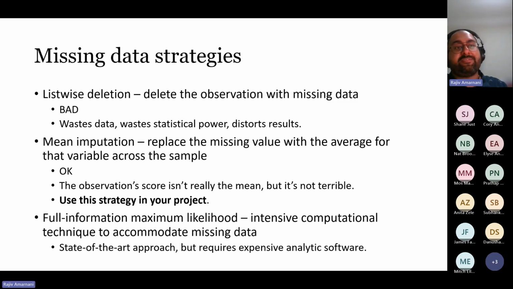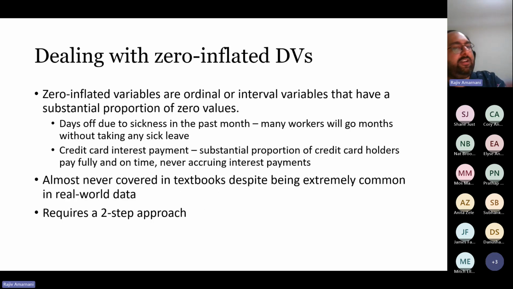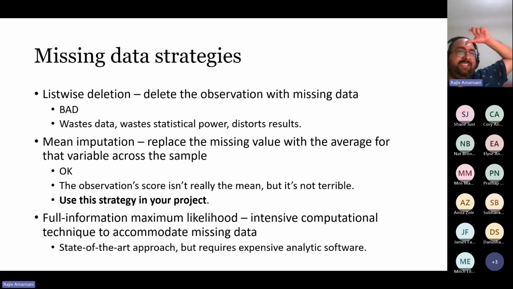The software that I have that does it is again the one that's like $1,000 per person license. So there is a state of the art to this that is recommended for high stakes work. If the work is relatively low stakes, like our project, mean imputation is fine. Do not listwise delete. If you have missing on the outcome, talk to me. Questions about dealing with missing data?